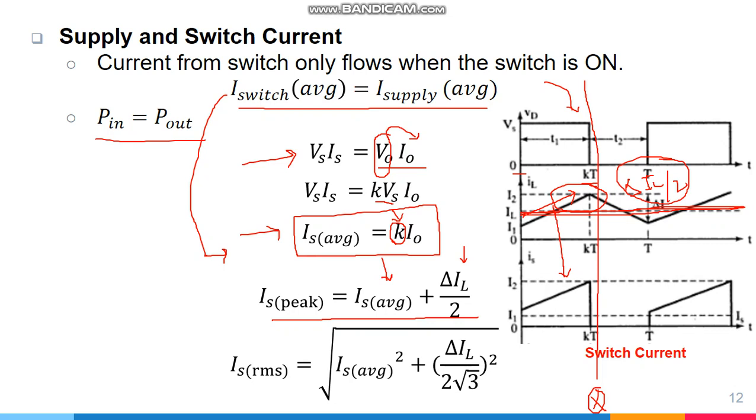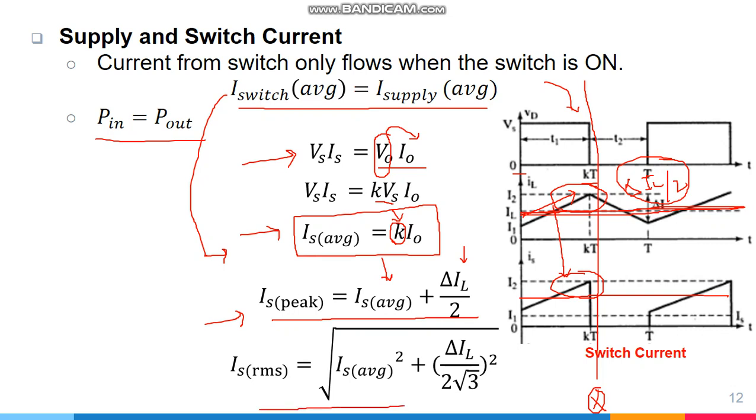Inductor and switch are in series in mode 1, so the same ripple should flow from the switch as well. Therefore this ripple is also appearing in the current waveform of the switch. Supply and switch current are both the same, so I can call it either the switch current or the supply current. The peak value of current from the switch is equal to the average value of current from the switch plus this ripple.